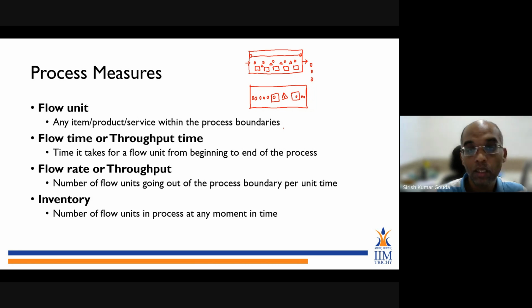So inventory is the total number of flow units in a process at any point in time. Now, please understand the difference between inventory and flow rate. Flow rate is only about the units that are coming out of the system, while inventory is the total number of units within the system. This is how you differentiate between inventory and flow rate.